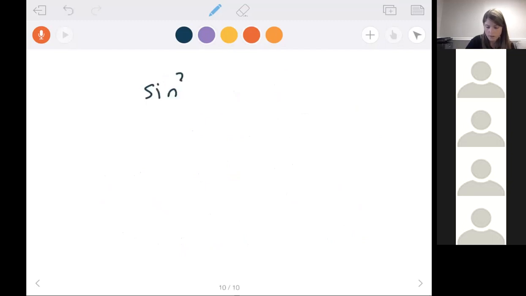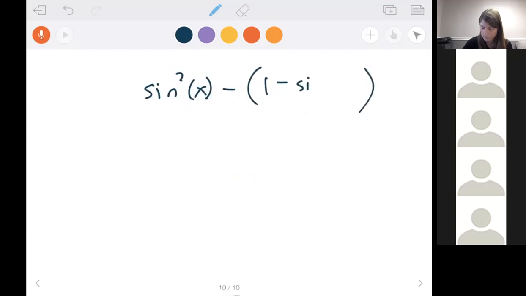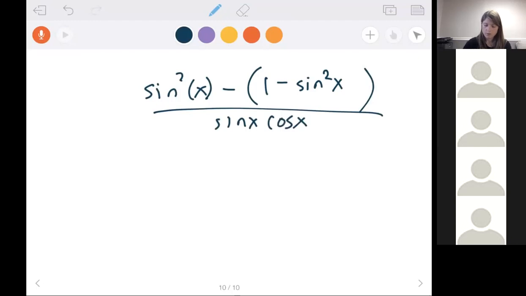So I've got sine squared x minus, and instead of cosine squared, I'm going to put in 1 minus sine squared. Put it in parentheses so we distribute that negative. And then on the bottom, we have sine x cosine x. Okay, so distribute that negative, and we're going to see that now we have sine squared x plus sine squared x, and then we still have a minus 1.